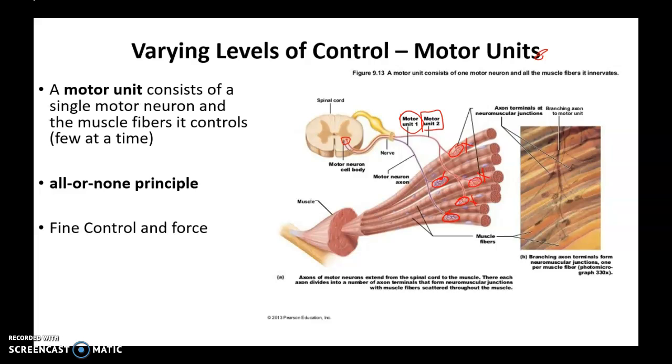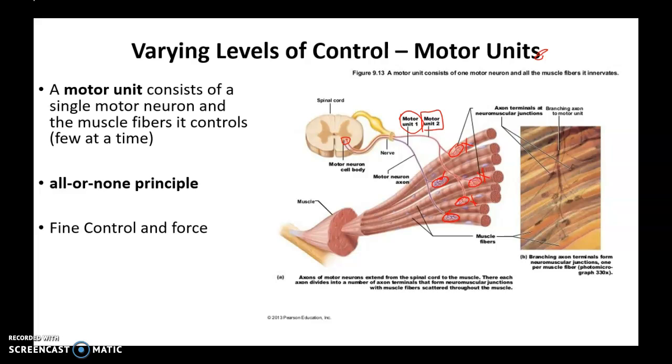Okay. Moving on to fine control versus force. We do know that each muscle has multiple motor units. Now let's say you are picking up a paper and you want to write something on it. You do need a little bit of force, but not a lot.